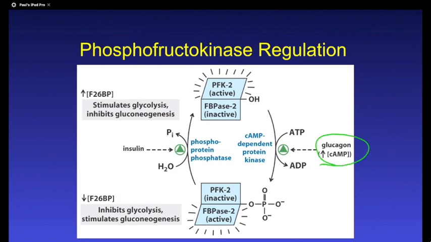Glucagon is the signaling hormone that says, I'm in a starvation state, I need food. And insulin is the signal that says, I am well fed, I have a lot of potential energy, start working. If I have insulin, I'm in a well-fed state, and there's a lot of glucose roaming around.